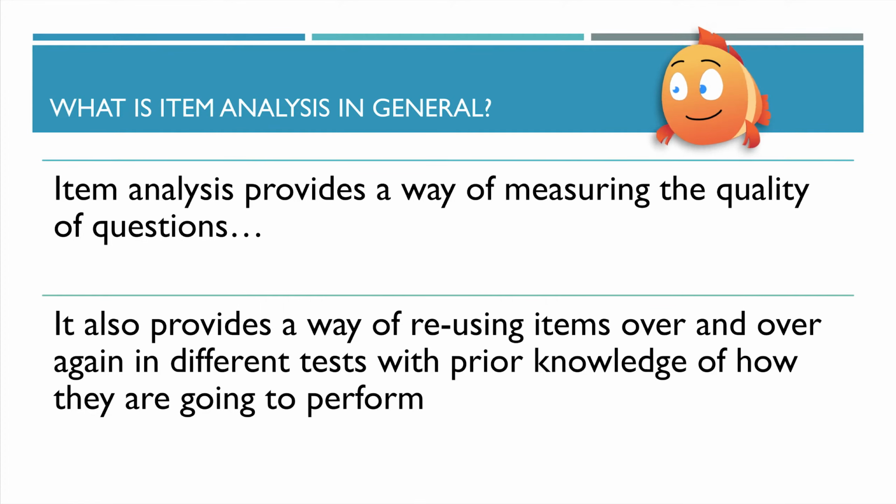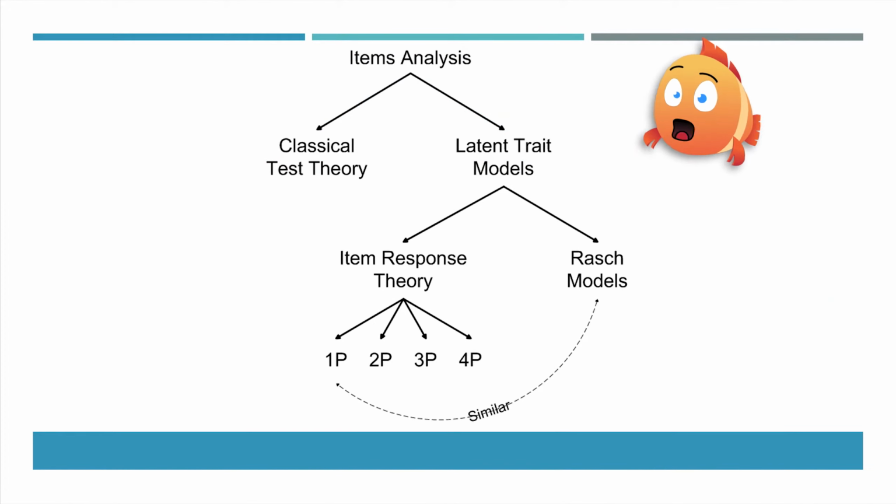I know I've shown you this figure before, where item analysis is broken down into classical test theory and latent trait models. We have already covered some latent trait models. Factor analysis is a classic latent trait model, where we're trying to essentially triangulate the measure that is causing our responses.